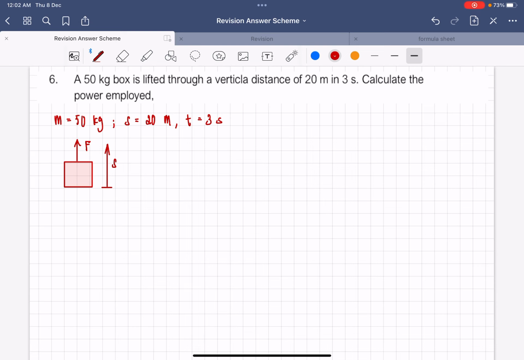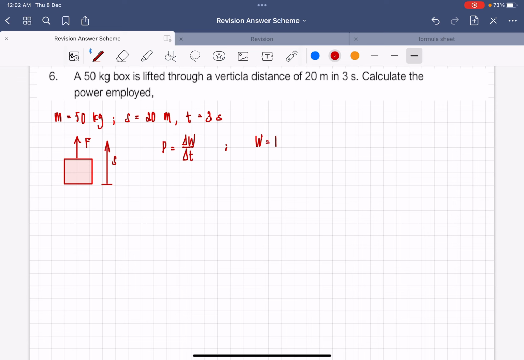Now power is going to be equal to delta W over delta t. The change delta W is basically just W equal to F s cos theta. So what is the value of the force? Force is actually going to be equal to mg. But how do you know it is equal to mg?